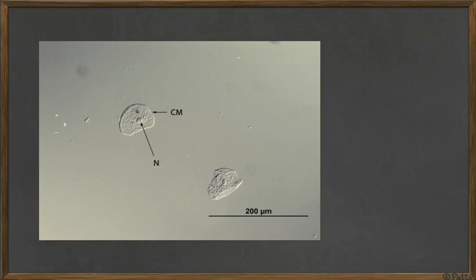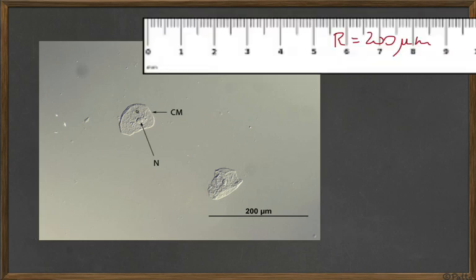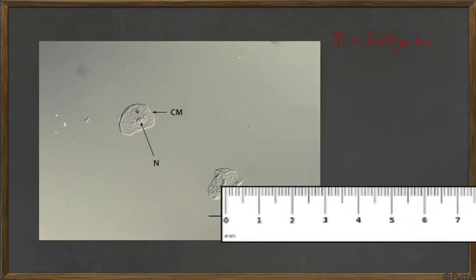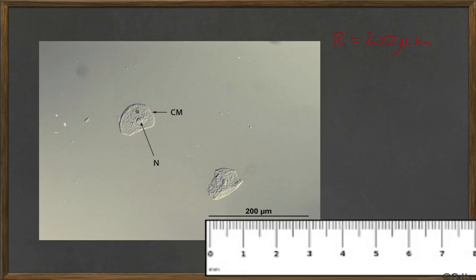Another example here, we have two cells in our screen, and the question is, what's the magnification of this image? So we have to look at the scale bar again. We have a scale bar whose real size equals 200 micrometers, and all I need now is to know the size of the bar over there.